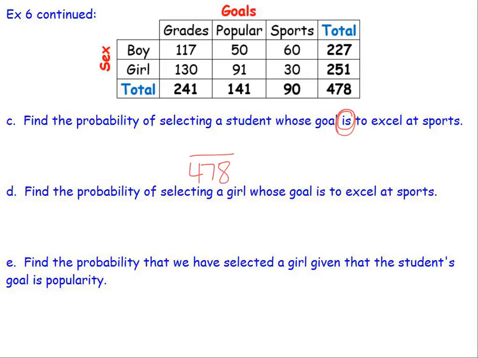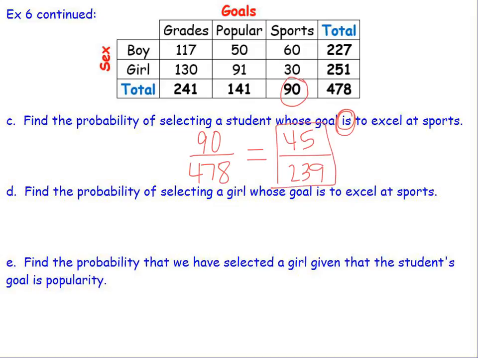So if we find the sports, we go down to the sports total, that is 90. So we're doing 90 out of 478. Well, for the first time, we know this is not reduced. 90 and 478 are both even numbers. They can both be divided by 2. If we divide them both by 2, we end up with 45 out of 239, and that is the reduced answer.